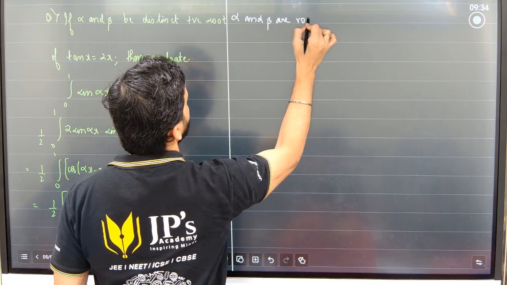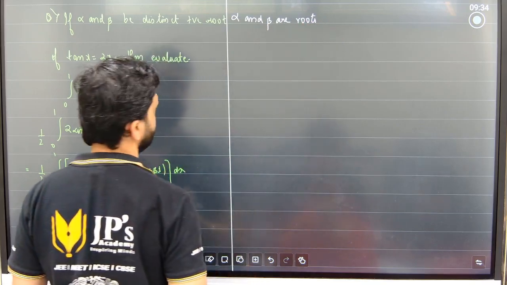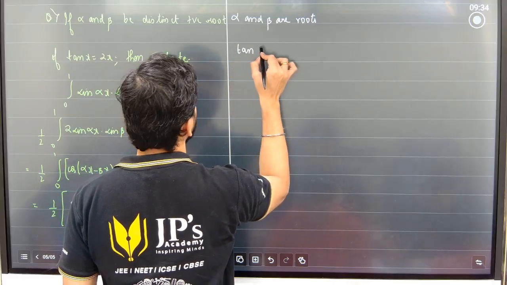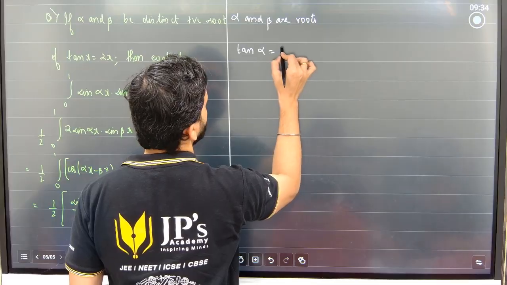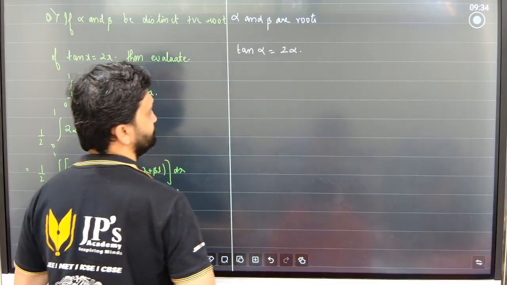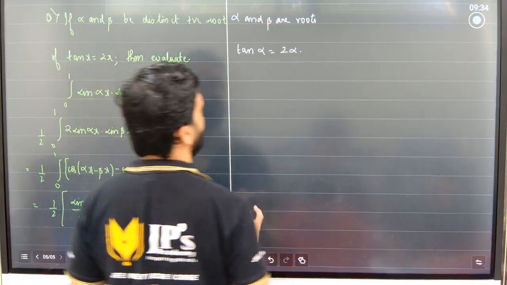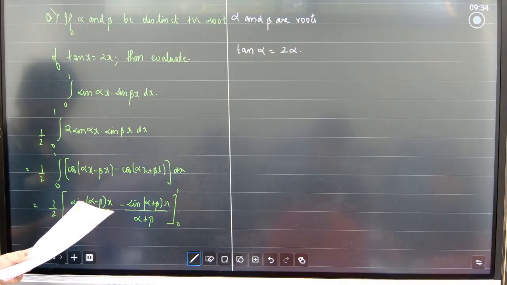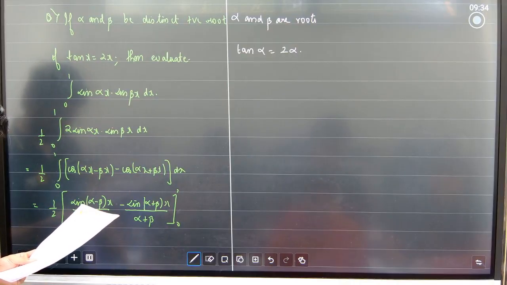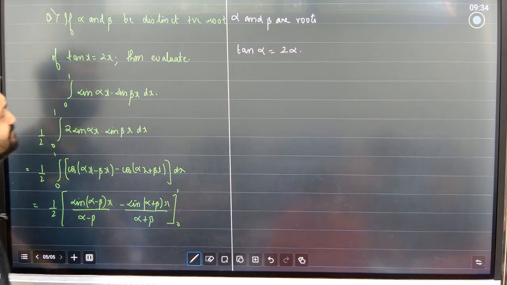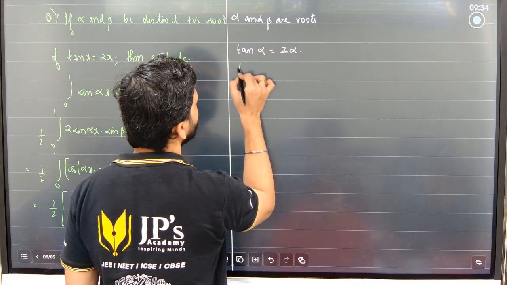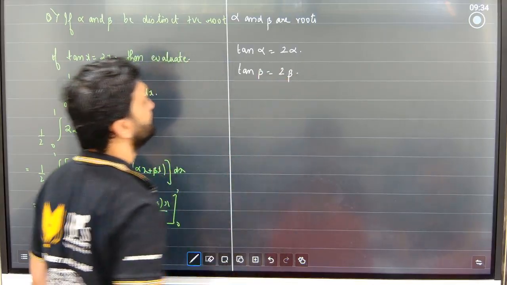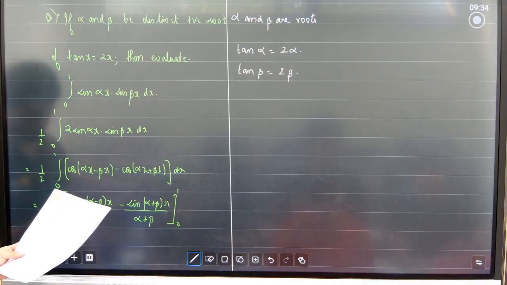Alpha and beta are the roots. So first I can write tan alpha is equal to 2 alpha, and tan beta is equal to 2 beta. So tan alpha upon 2 alpha and tan beta upon 2 beta.